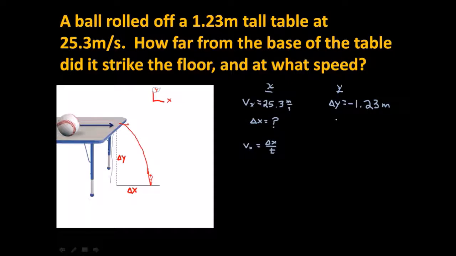It also has acceleration. It's not told in the problem, but we know that it has acceleration in the Y direction of negative 9.80 meters per second squared. Now don't forget, if this is done in British units, we would have it as negative 32.2 feet per second squared. That's okay. What else do we know? Well, we know that initially the ball is moving horizontally.